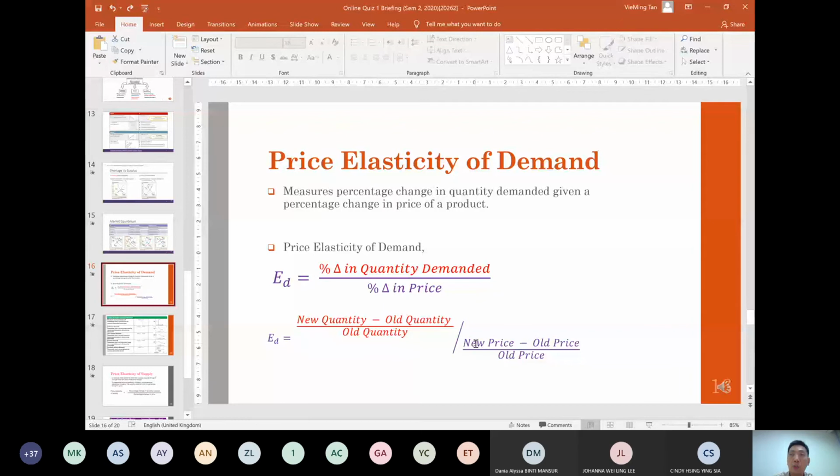So this formula can be used to measure the sensitivity of the quantity demanded in response to the price change. The higher the price elasticity of demand value, the more sensitive or responsive the consumers are in response to the price change.